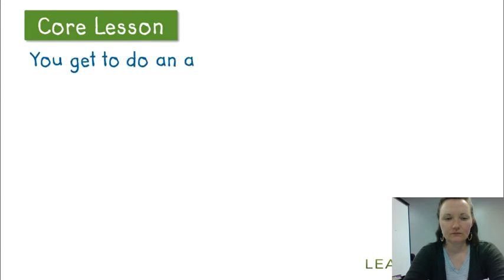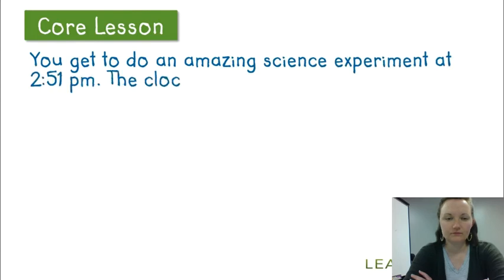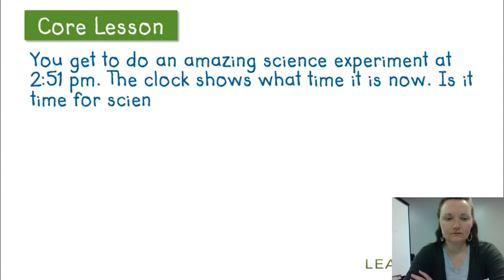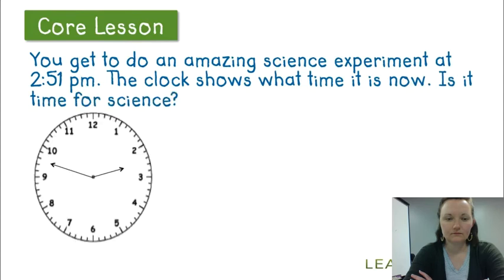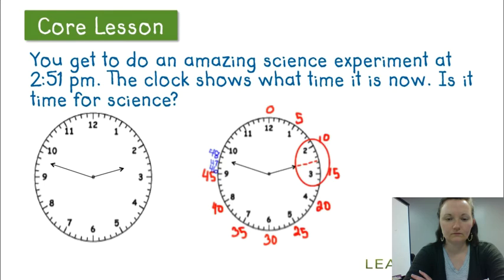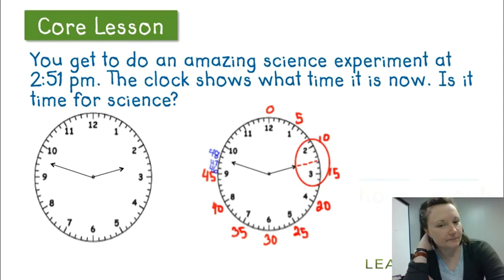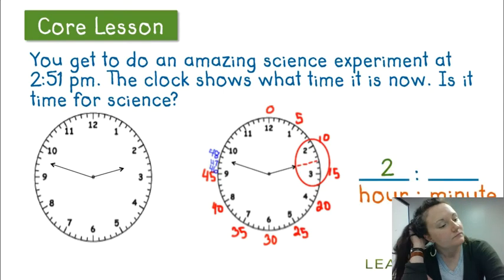So let's go back to that clock from the beginning when we were wondering if it was time for science. And so step 1 is to look at the hour hand. And we see that the hour hand is in between the 2 and the 3, but it's not at the 3 yet. So we know the hour is 2.